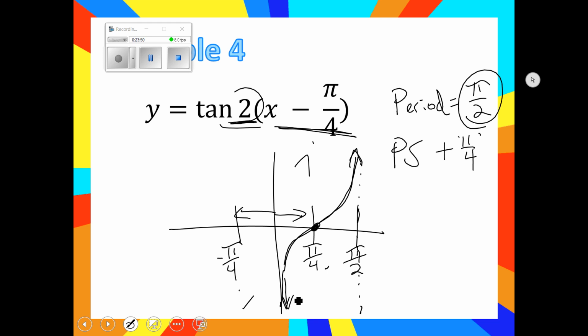There it is. He's heading towards the y. Does that make sense? But this is not an undefined point. No, it's not. I mean, it's going to approach it. Does that make sense? Because I'm not changing the shape of the graph.